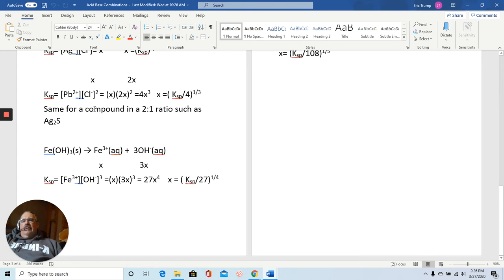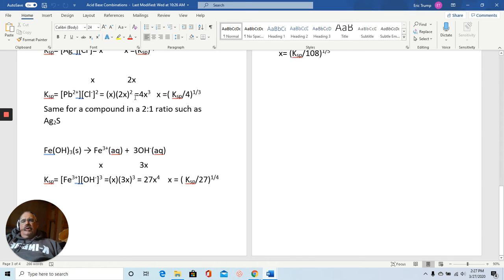Similarly, if I were to calculate the solubility of lead 2 chloride in a solution that had 0.05 molar sodium chloride, in that case, this term right here would be, instead of 2x, it would be 2x plus 0.05.